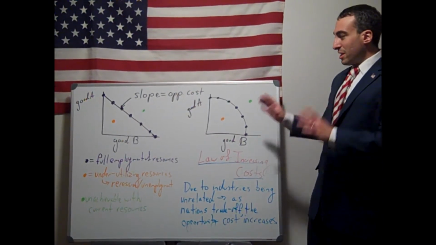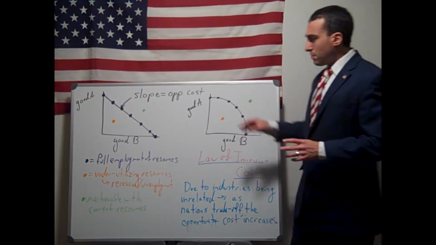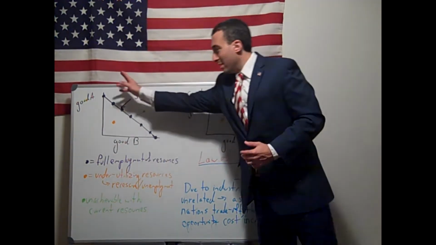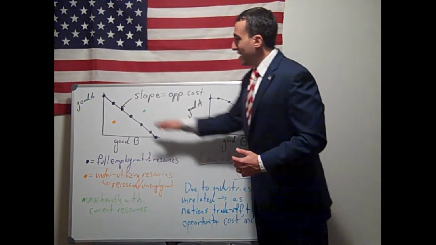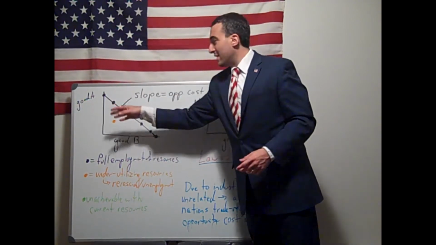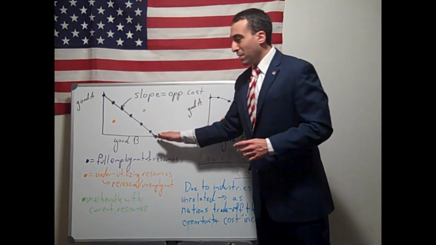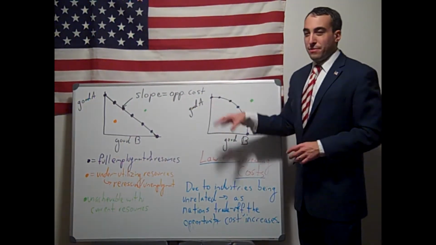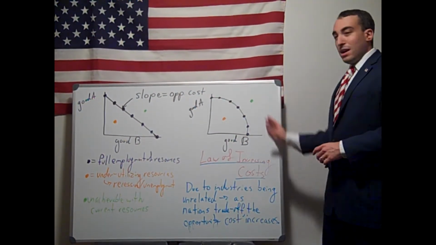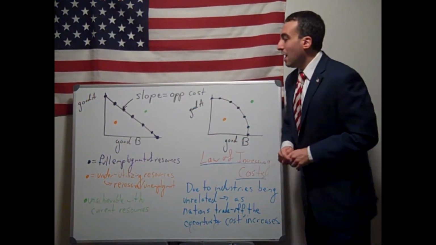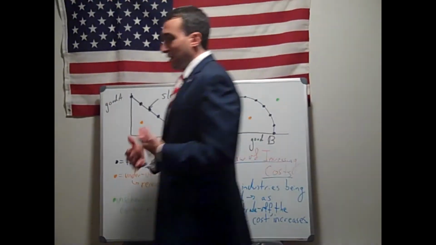Now let's take a look at what all of these points mean. When you draw it, you don't draw all of these points. You just draw your two axes, and if they're constant, and the question will tell you if it's constant, you draw the slope going like that, or if they're unrelated, you draw the concave slope. No dots until the test tells you to put dots. But let's go through what all of these dots mean.